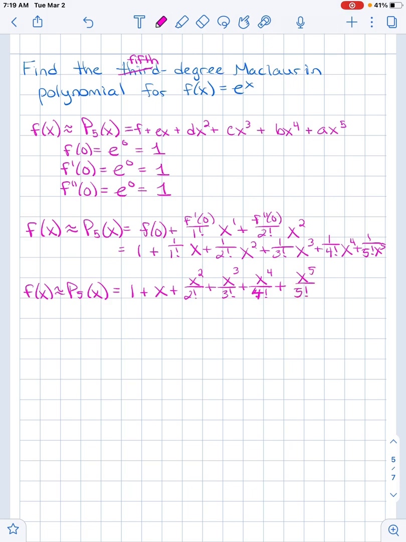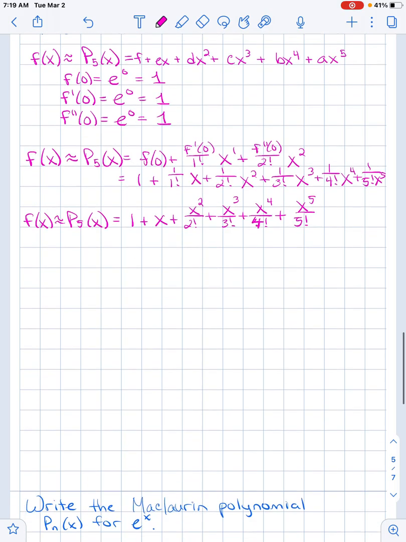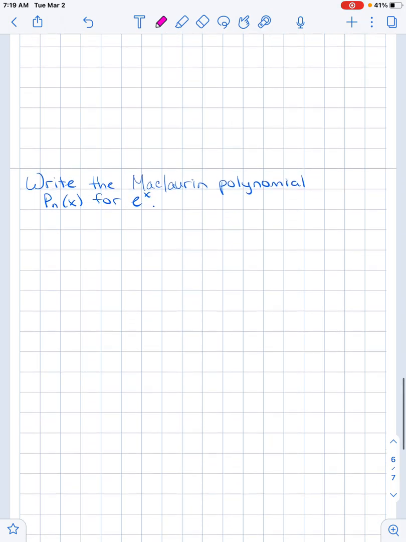What I'd like you to do now is write the general polynomial for e to the x. What is the entire polynomial for e to the x, to infinity? So go take a moment, see if you can write that out.